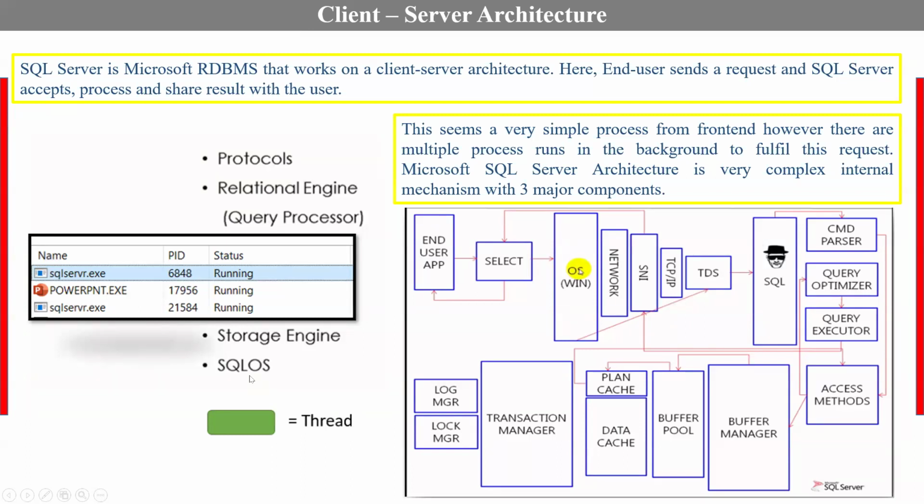Today we are going to discuss SQL OS only for 2 to 3 minutes, or 5 minutes maximum. But in the advanced level, I will discuss almost 1.5 to 2 hours about SQL OS. This is one of the game changers.